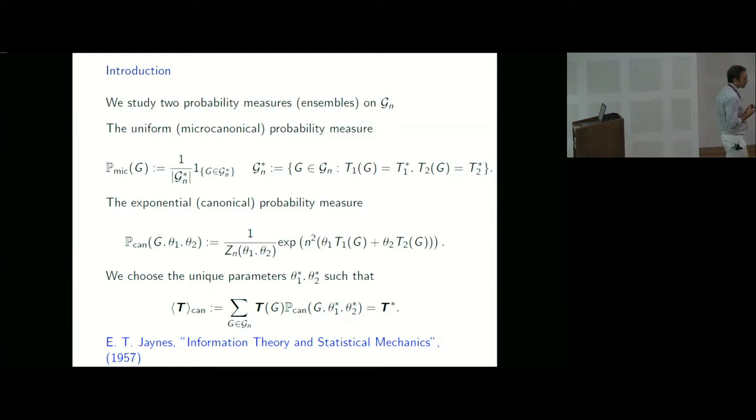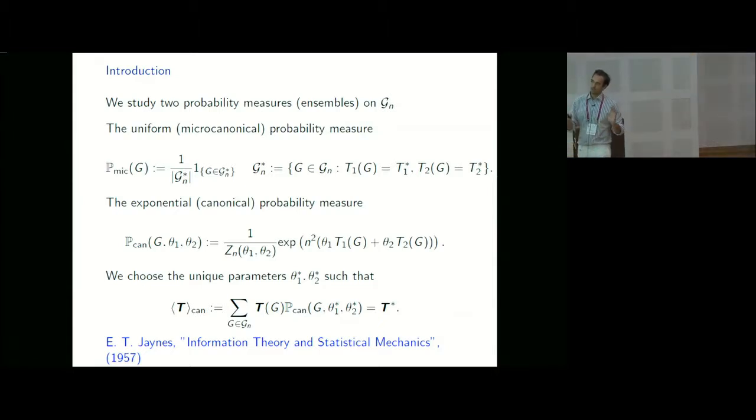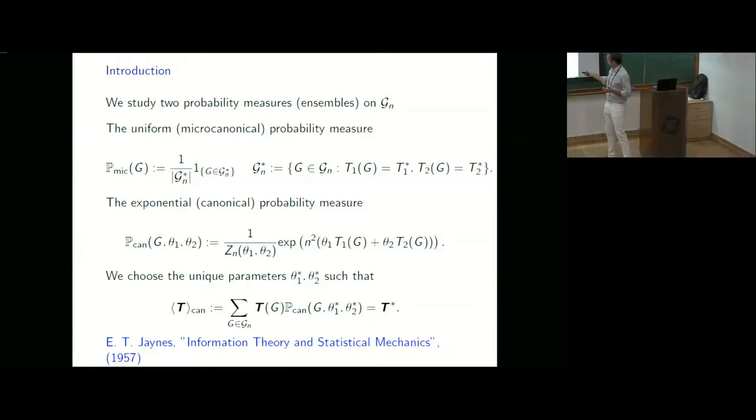So T1 is specifically the number of edges? Oh yeah, sorry, I didn't specify this. T1(G) is the edge density in a graph, and T2(G) is the triangle density in a graph G. When I write bold T, I mean a fixed constraint: a vector (T1, T2) of fixed edge density and fixed triangle density.